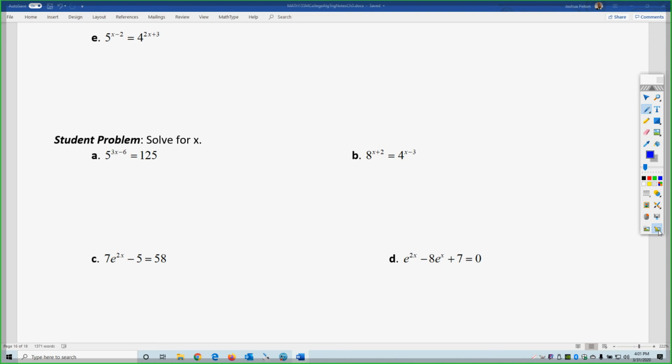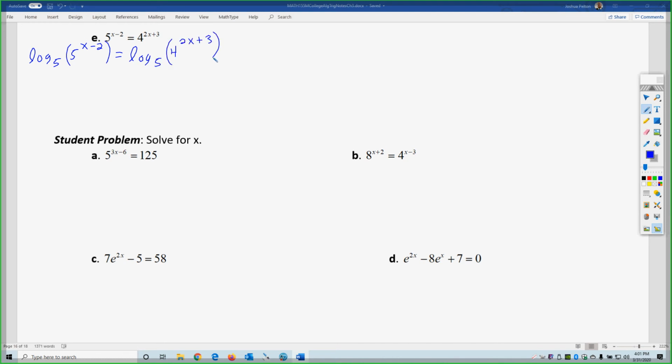So basically, pick one. Does it matter which one you pick? No. I'm going to pick the left-hand side one. So log base 5 of 5 to the x minus 2, and log base 5 of 4 to the 2x plus 3.